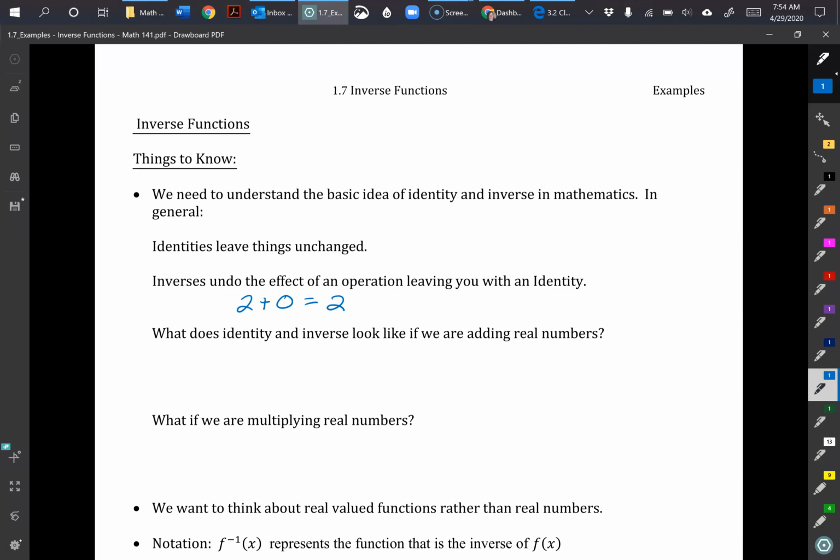And I could write that in general as A plus 0 would give me A. Okay, we're good with that. Or 0 plus A equals A. So for any number, if you're adding A, and the same thing for subtract would work too. So this is the identity.